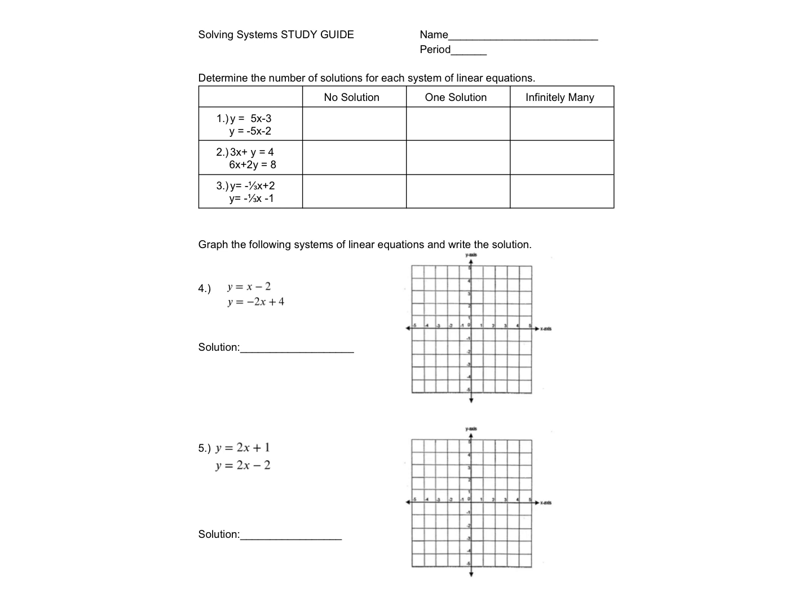Getting started now on graph the following systems of linear equations and write the solution. Okay, so we have two things to do here. We're going to graph and then find our solutions. Now, y equals x minus 2, so our slope is 1 and our y-intercept is negative 2 in this example. So we need to plot that.